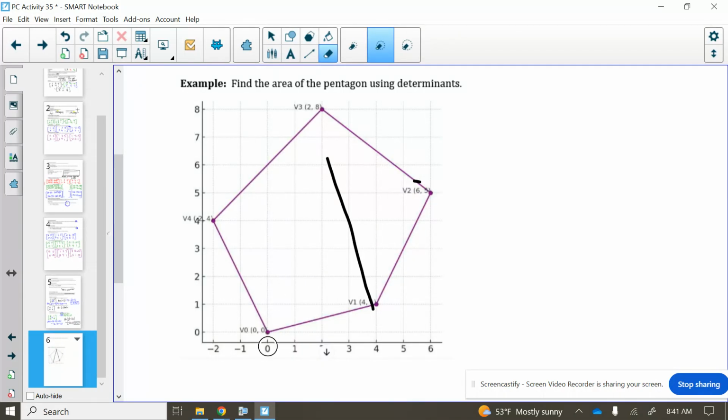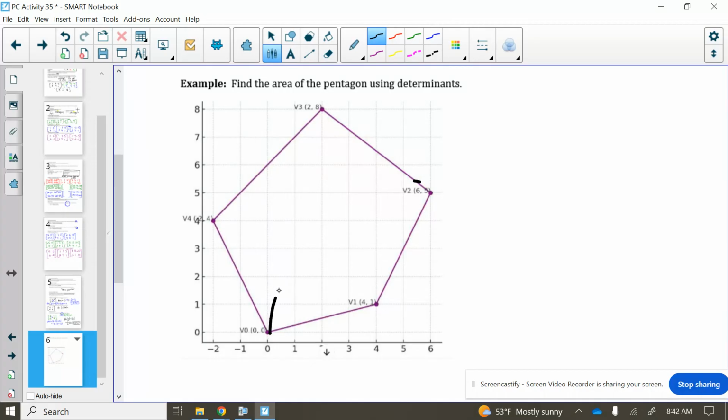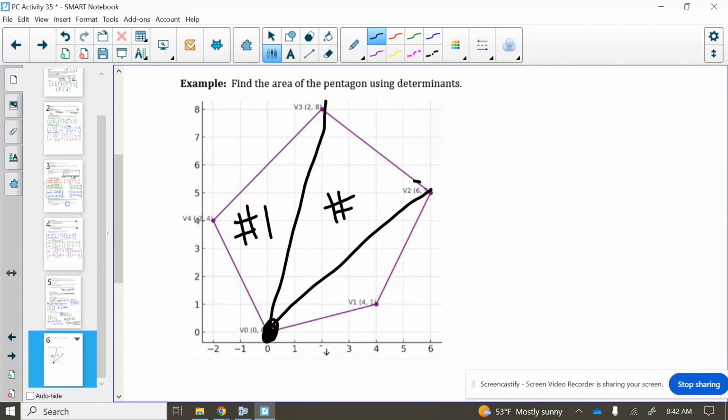But the most convenient way to divide this up is going to be by using 0, 0 as a vertex for all 3 triangles. Because if we have 0, 0 as a vertex, we won't have to worry about moving our triangles so that it would have a coordinate at 0, 0, it turns into one of those first examples that already has one at 0, 0.